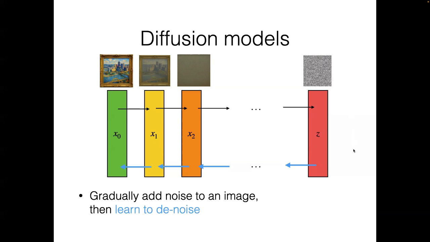Then you want to learn a model that can reconstruct, or denoise, this into a real image. So if you want to generate an image from the data distribution, you start off with some Gaussian noise, and then your diffusion model can generate a real image.